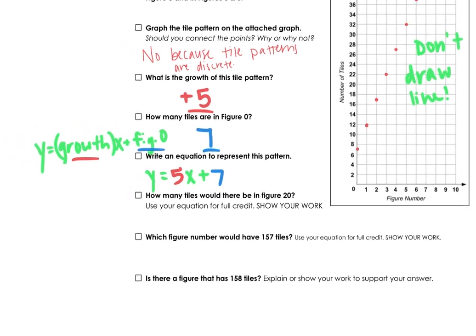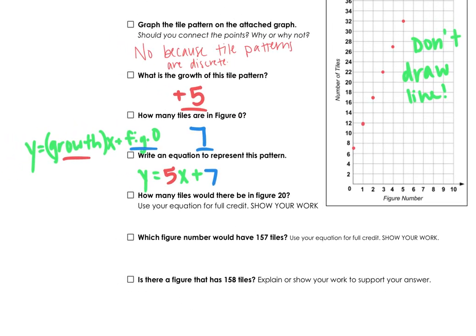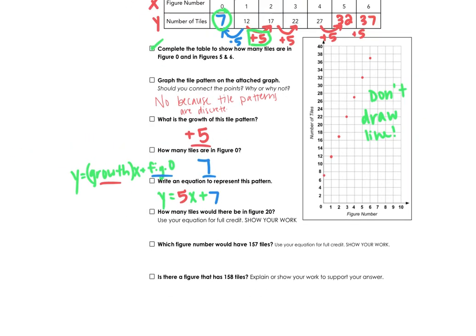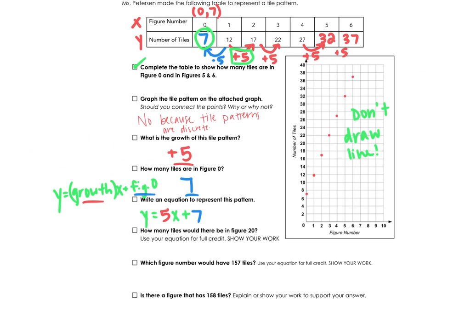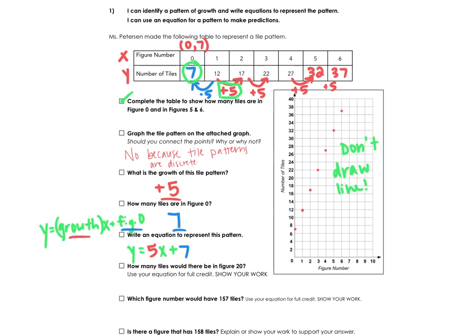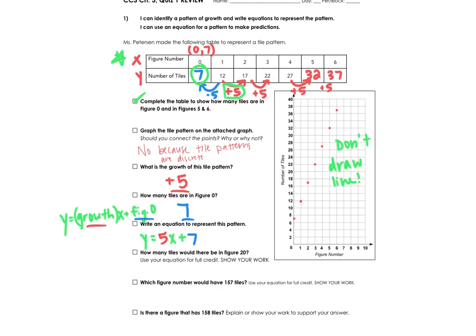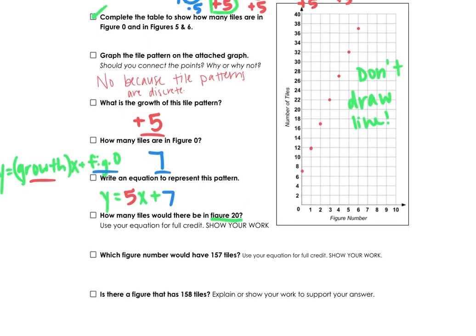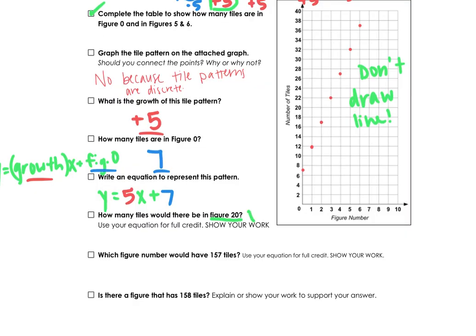Now we need to use this for the next two questions. How many tiles would there be in figure 20? We want to refer back to the beginning when we said that x was representing our figure number. When I see figure 20 in a problem, this tells me that x is equal to 20.